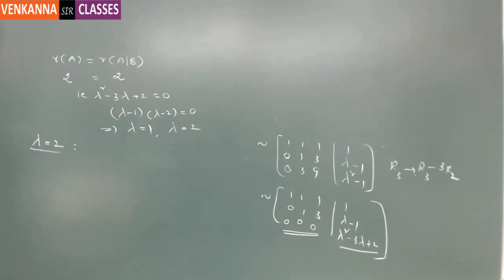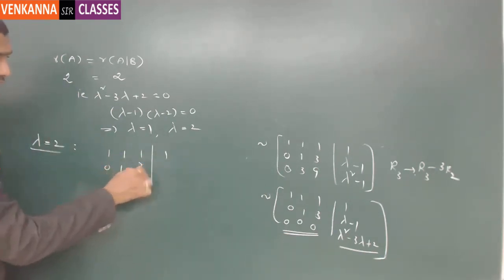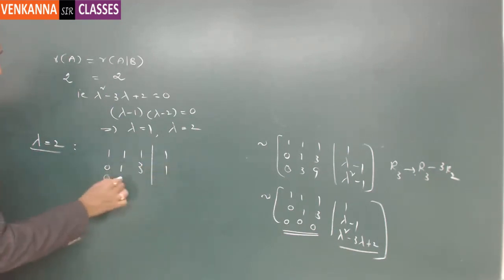It means that rank of A is equal to rank of A by B. From this assumption only, you have determined that the lambda values are 1 and 2. Otherwise, you cannot find lambda values. On what basis would you find the values of lambda? That's why, by assuming this, the solution will exist when these two values are equal. Now, for lambda equal to 2, from the final matrix, you will have the reduced system as 0, 1, 3. This will be 1, 0, 0, 0, 0.